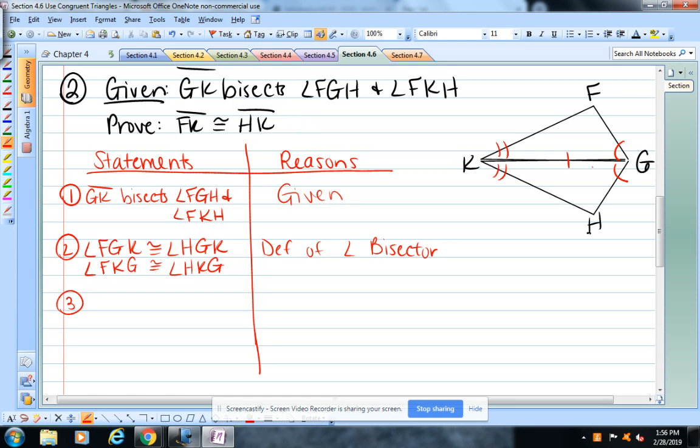All I can say is KG is congruent to itself because they're sharing that side. Okay? KG or GK, either one. KG is congruent to KG because of a property. I cannot say FK is congruent to HK. You don't have a reason to say it is. You cannot just say it because it looks like it. That's not a reason.